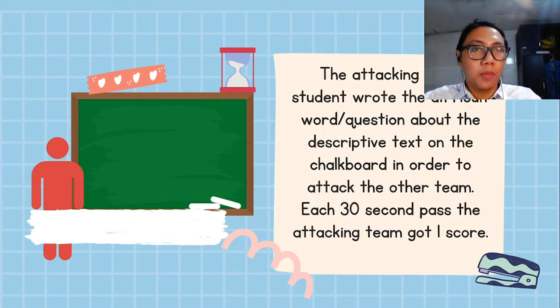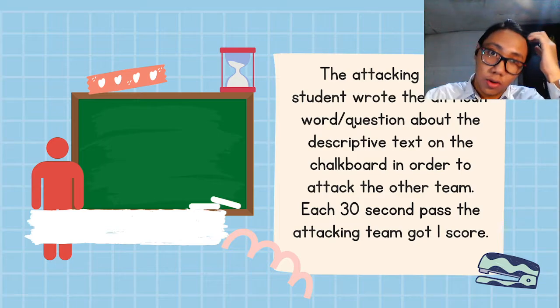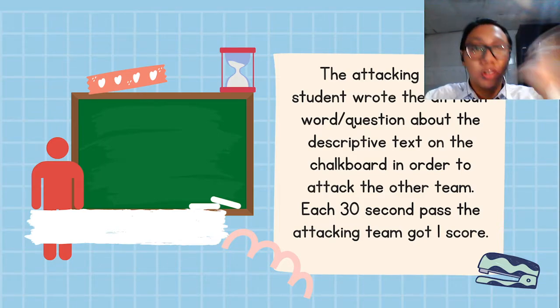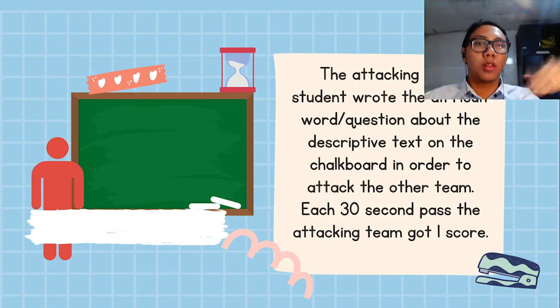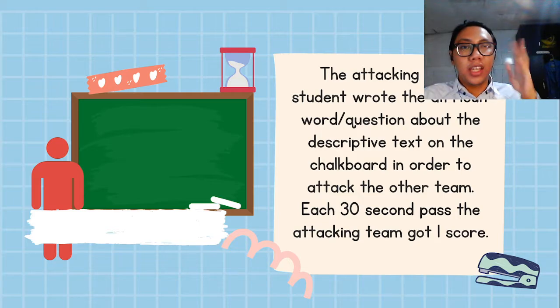The attacking team reads the difficult word that they found or the question that they have written, and the rule is each 30-second pass, the opposing team gets one score, or the attacking team itself gets one score. So it creates a sense of urgency for the defending team to hastily answer the question from the attacking team.